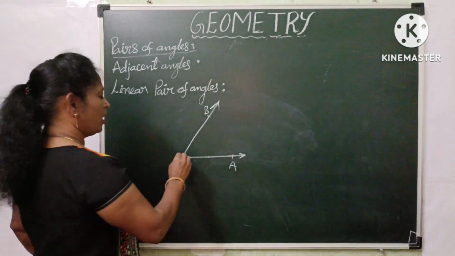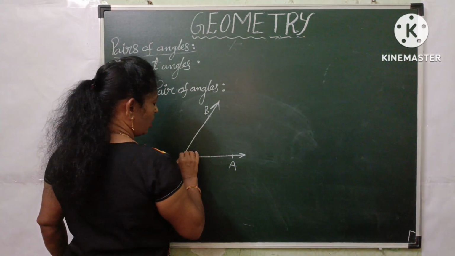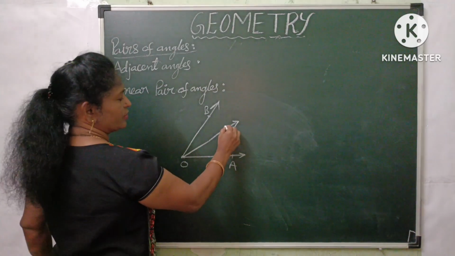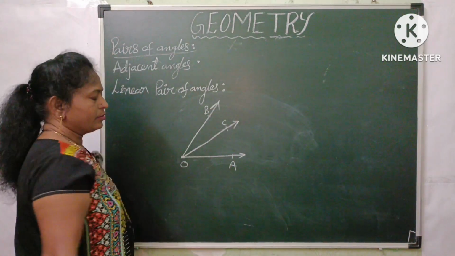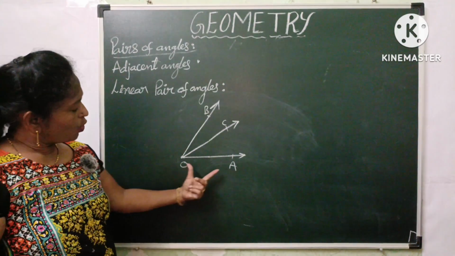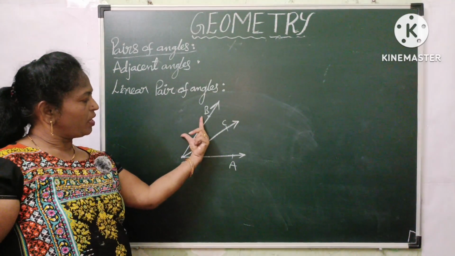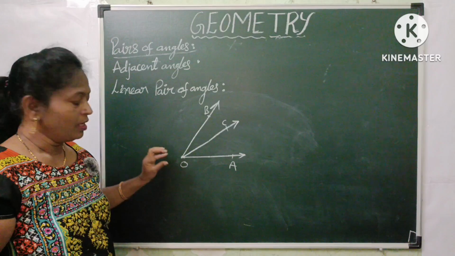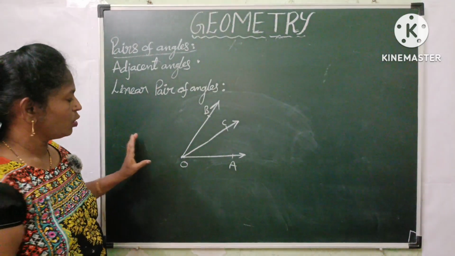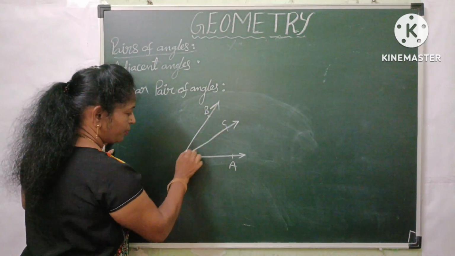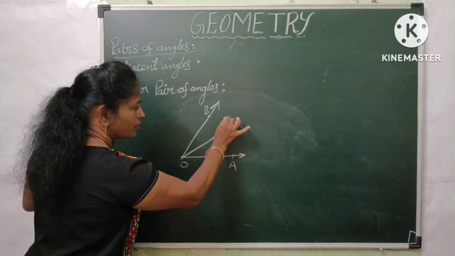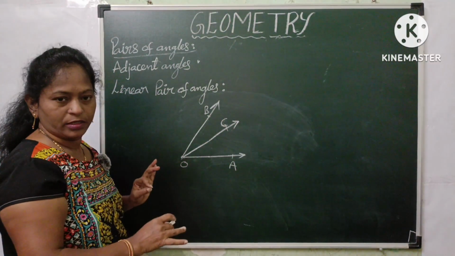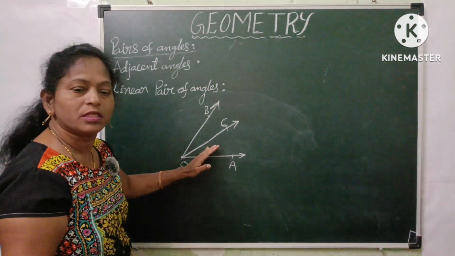And here is another ray from the same initial point. OA, OC, OB: these three rays have the same initial point. Also here angle BOC and angle COA. These two are said to be adjacent angles.